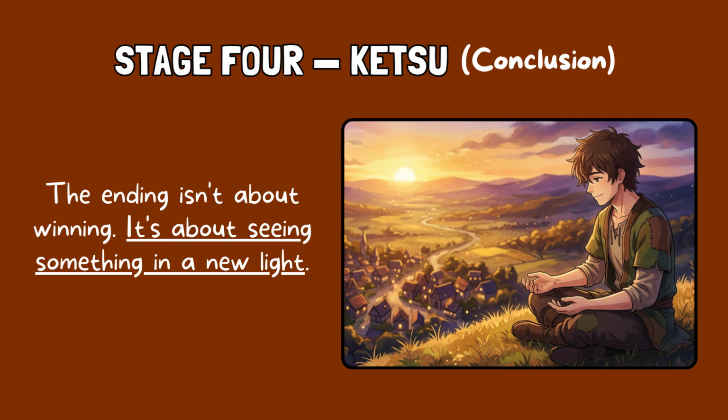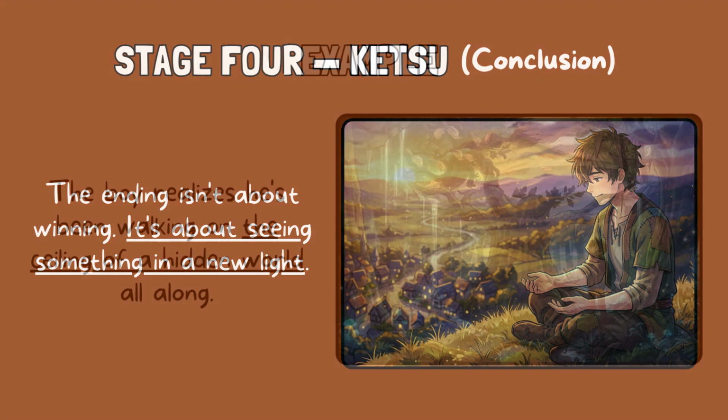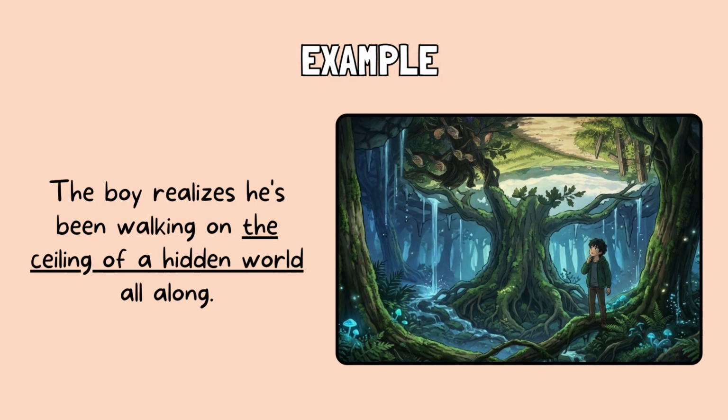The ending isn't about winning, it's about seeing something in a new light. Here's how our example resolves. The forest isn't actually upside down. The boy realizes he's been walking on the ceiling of a hidden world all along. Suddenly, the birds, the broken fence, the strange tree, all of it means something new. The world didn't change. His understanding of it did.